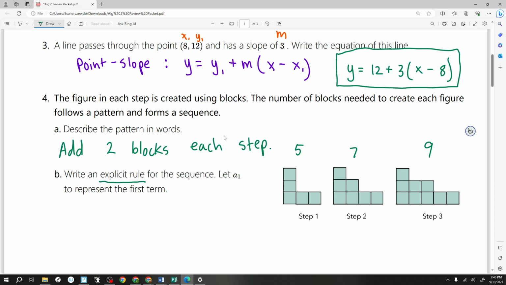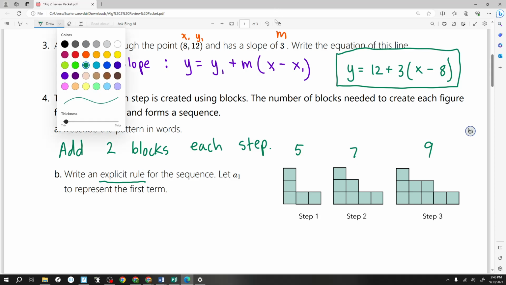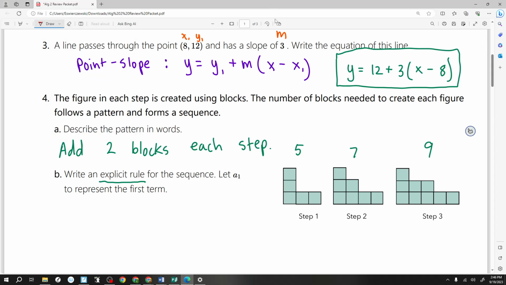Now we're going to look at our notes for lesson 1.2. An explicit rule looks like this: An equals A1 plus D times N minus 1.